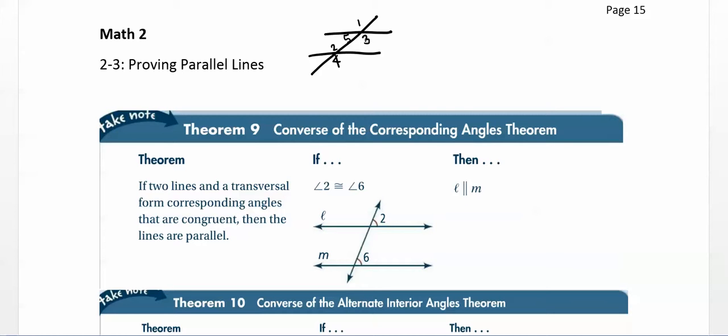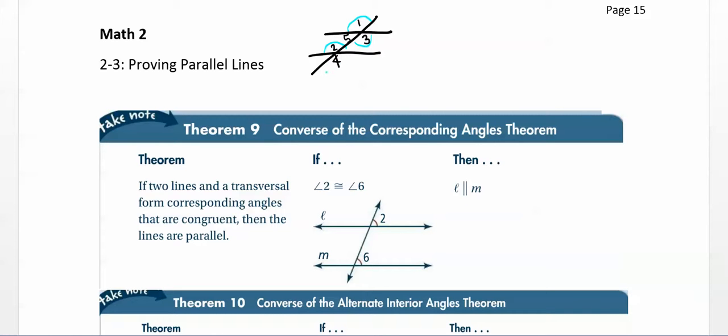And what we saw is that angle 1 would be congruent to angle 2, right? Corresponding angles are congruent. But then because of vertical angles, angle 1 would be congruent to angle 3. So that made alternate interior angles congruent.